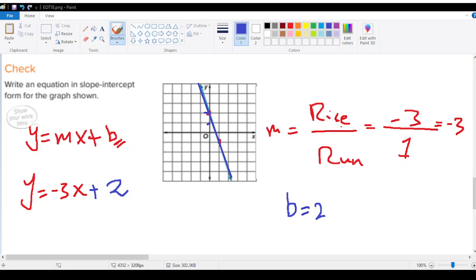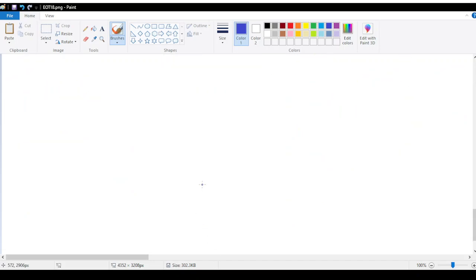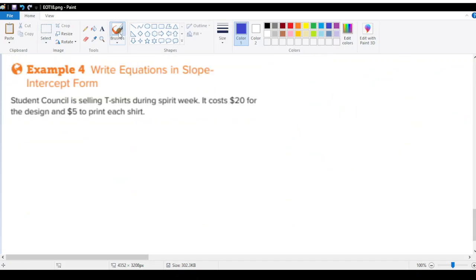Now let's do example number 4. How to tell what is the equation from the word problem. Let's go back here. Control C. And can you read example number 4? Student council is selling T-shirts during Spirit Week.